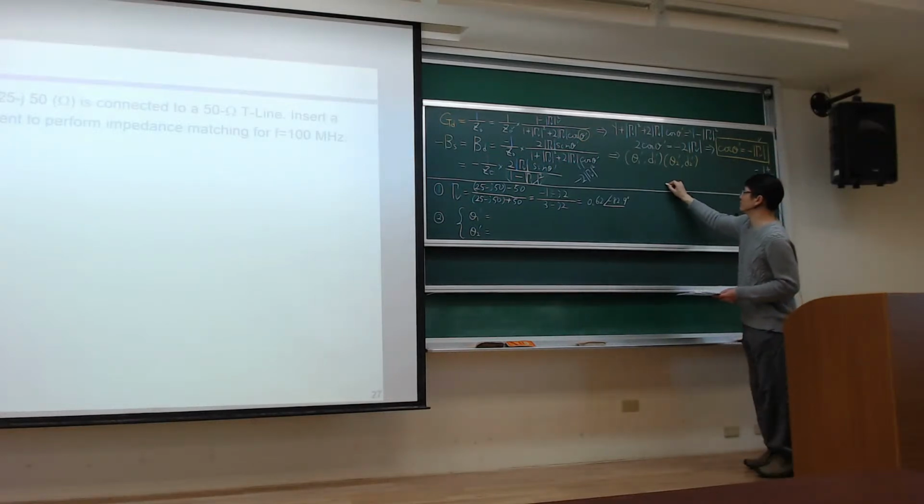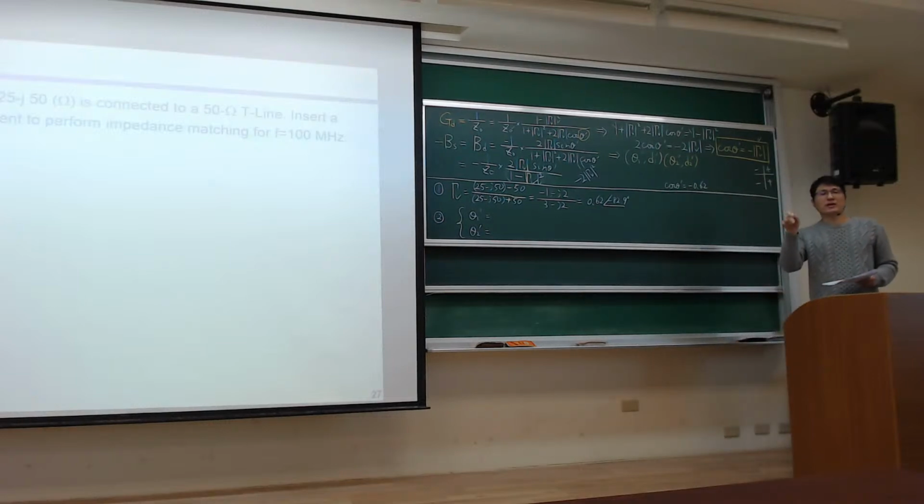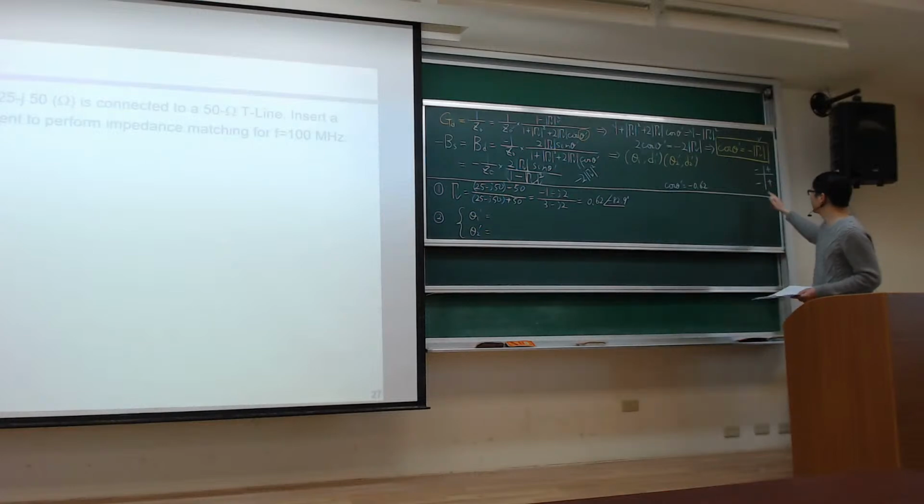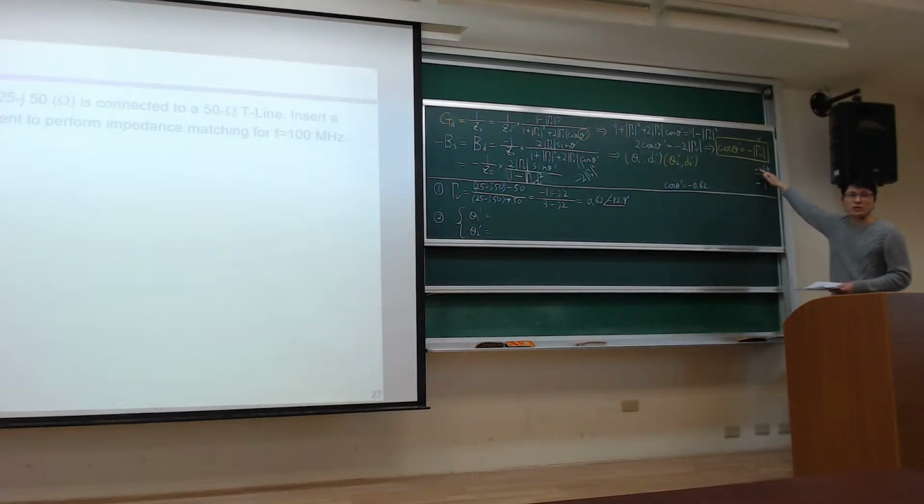Okay, let me just write it out for this problem. So when you type into the calculator, it should return one single value, but you know if your answer is in the second quadrant, you need to calculate the result in the third quadrant. Okay.